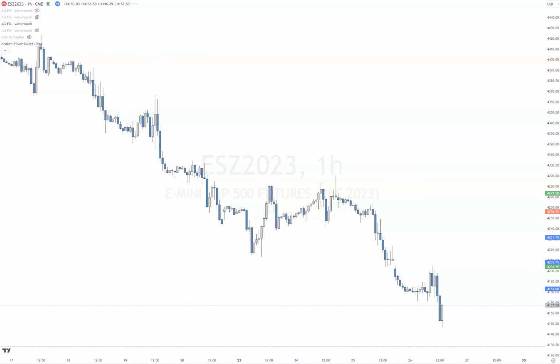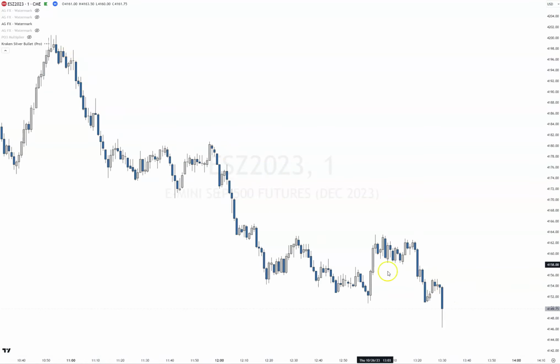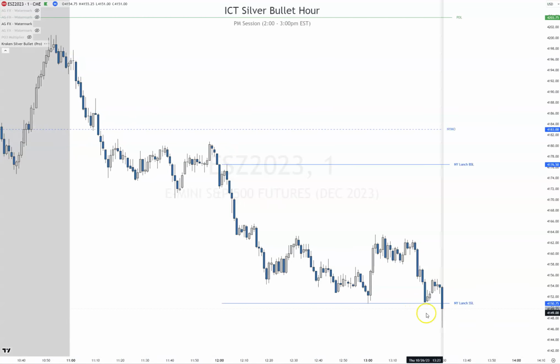So when it does that, and I see that it took out the New York lunch, I'm thinking from the 1 hour perspective, market maker model, and how far am I going up? I'm always looking for projections, right?